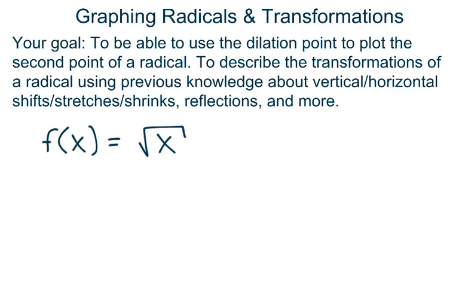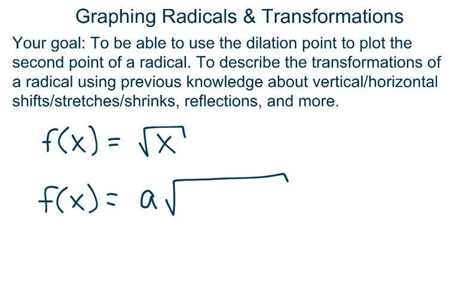And you guys have seen these letters before, where we have told you that a does a certain thing, and we've told you about x minus h plus k. Remember those? You guys have seen this a lot.